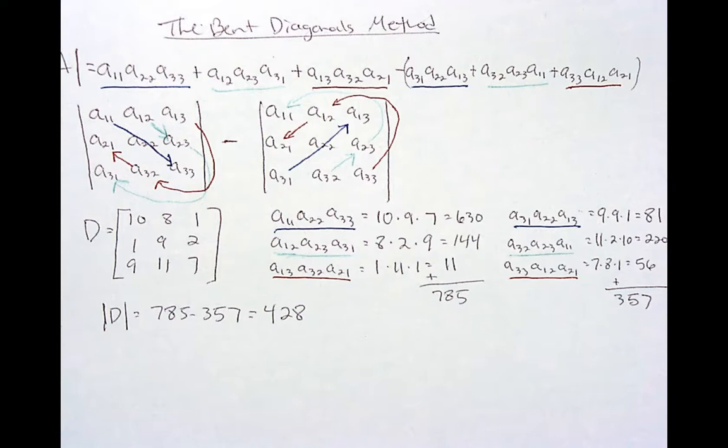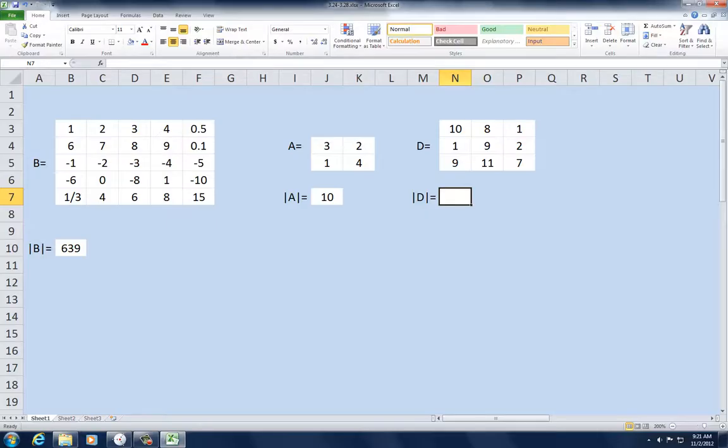We did this in the previous video, but let's look again. Okay, I just left up what we had with B and A, which we did in the previous video. Here's our matrix D, our 3 by 3 matrix. And we used the bent diagonals method to find out that the determinant of D was 428. So let's do that again here. If you forget the command, you actually can cheat and look up here.